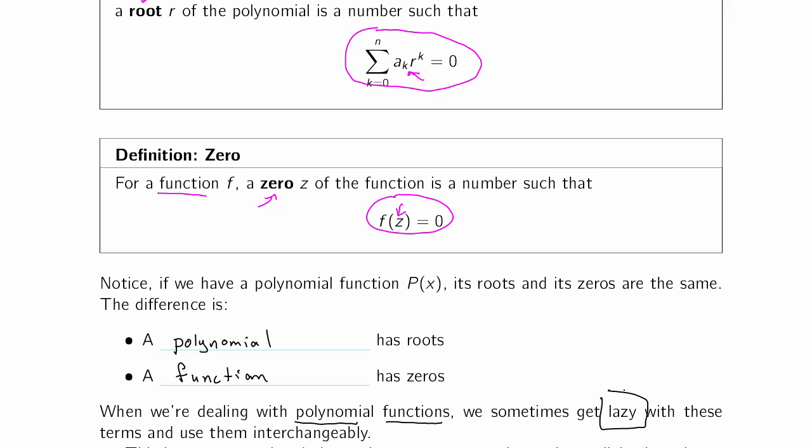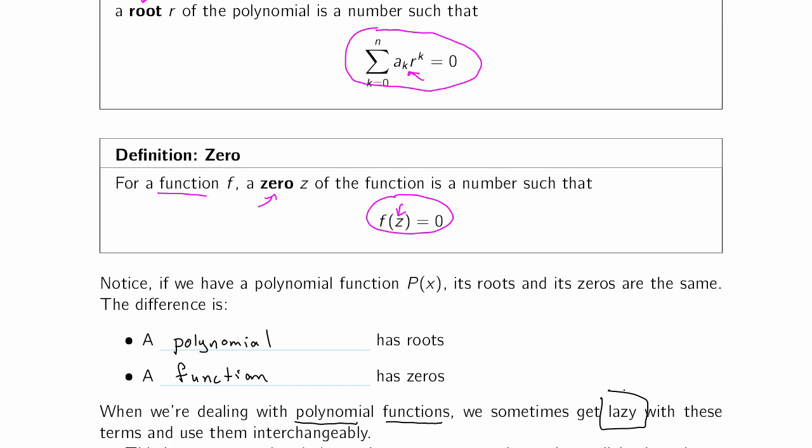I'm going to try to be consistent with my use of the terms roots and zeros, but if I say one when I mean the other, don't worry about it. If I say 0, even though I haven't explicitly said that I'm thinking of this polynomial as a function, understand that those mean the same thing.